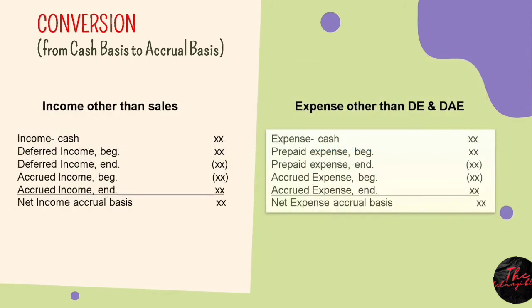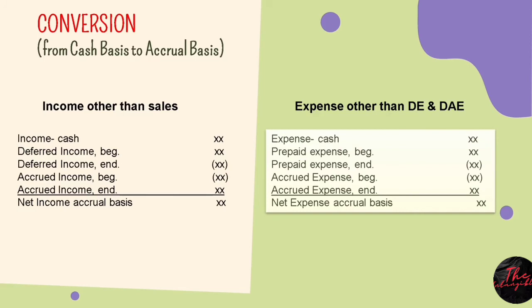I-convert naman natin ang income other than sales. Our starting point here is the income under the cash basis of accounting. There are two accounts may be considered here. Yung tinatawag nating deferred income, beginning and ending, at accrued income, beginning and ending as well.